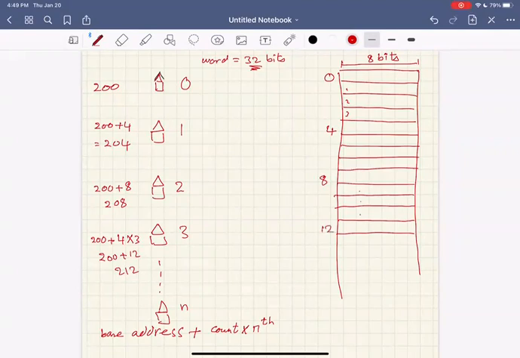Here will be the 12th. So basically, this will be my first word. This will be my second word. This will be my third word, and so on and so forth.